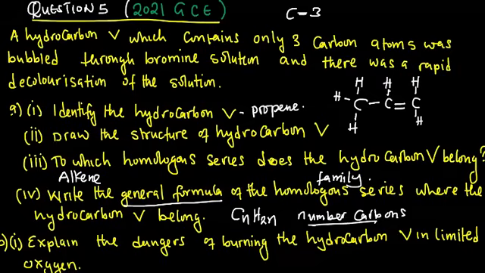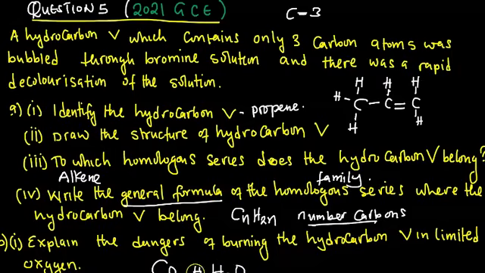And now in that one, the products that are produced are carbon dioxide and water. But in limited supply, the question that we are answering, the products that are produced are carbon monoxide plus water.